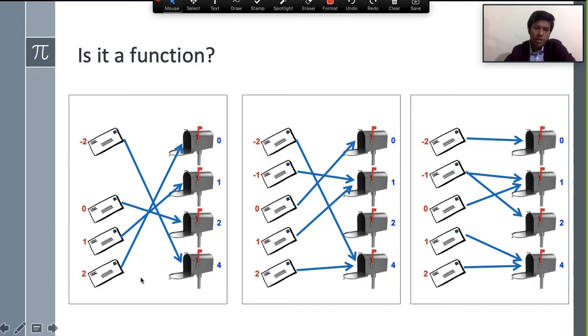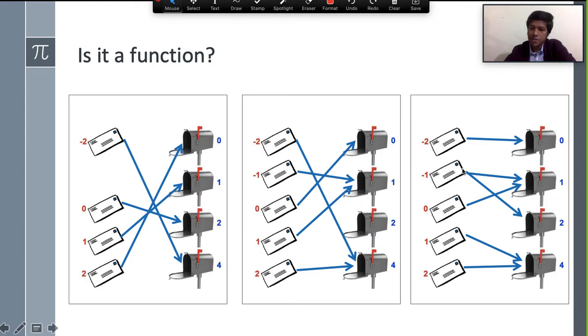If you look at this, then you will notice that you can put this envelope here, no problem. All the envelopes go to some post box. Here also all the envelopes go to some post box, but -1 and -1, both of the envelopes go to one box, no problem.